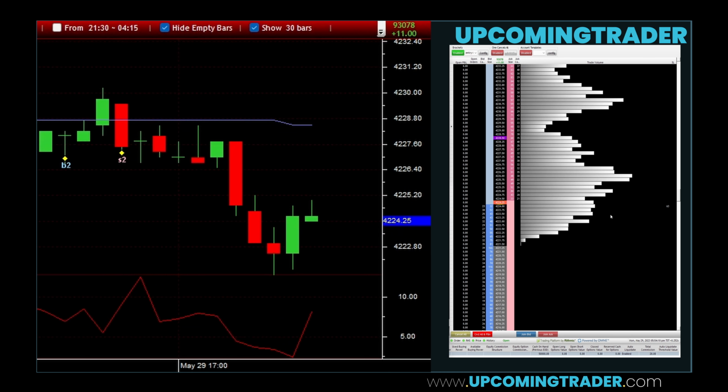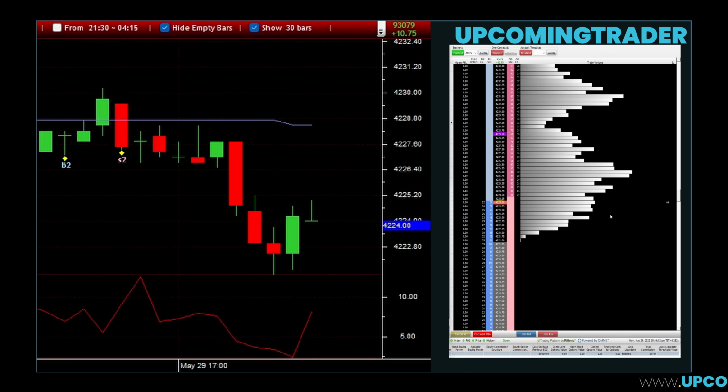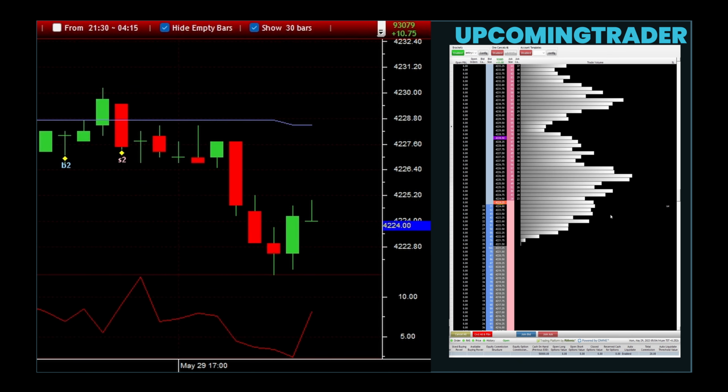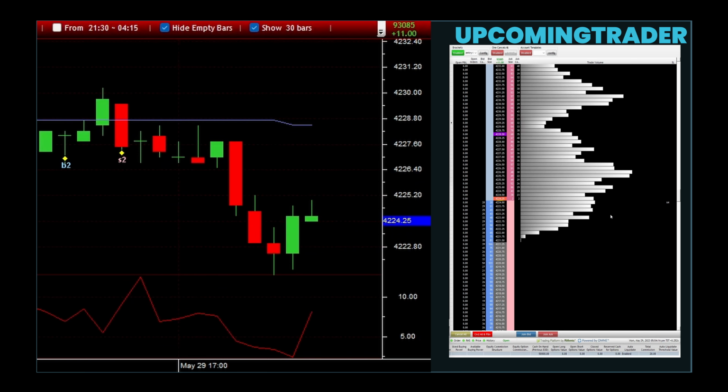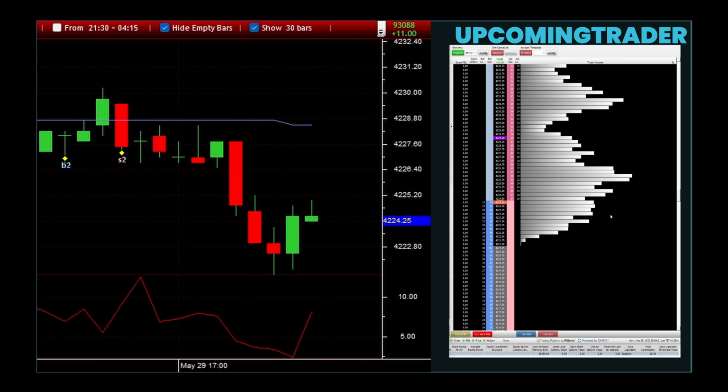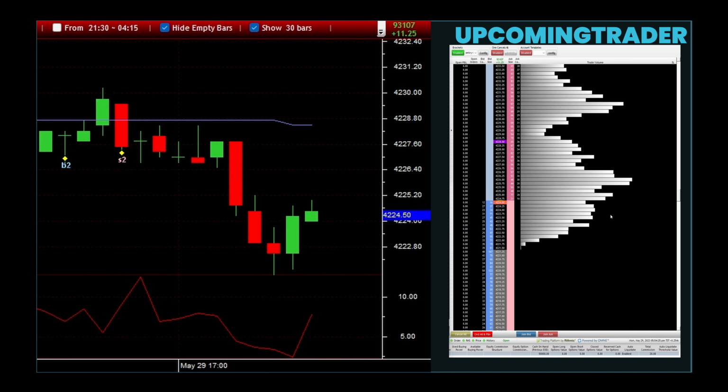On the other hand, if the profile looks more vertical, that means the market is imbalanced. The price moved quickly, and this often means the market is trending. Understanding whether the market is in balance or trending helps you decide whether you should trade breakouts or stay within the range.